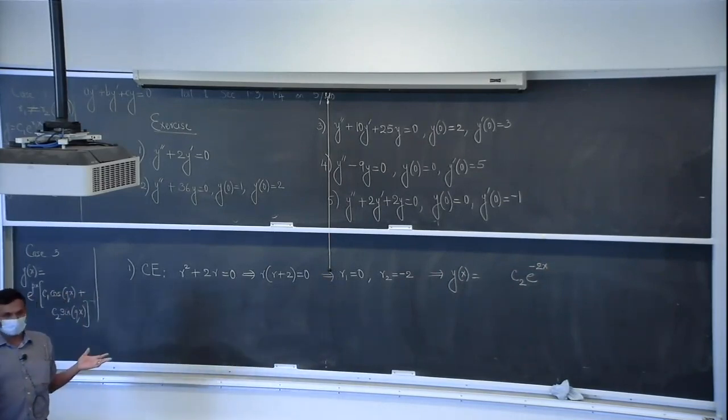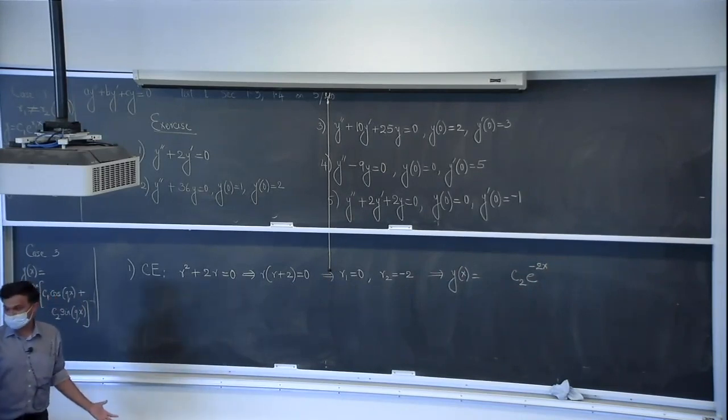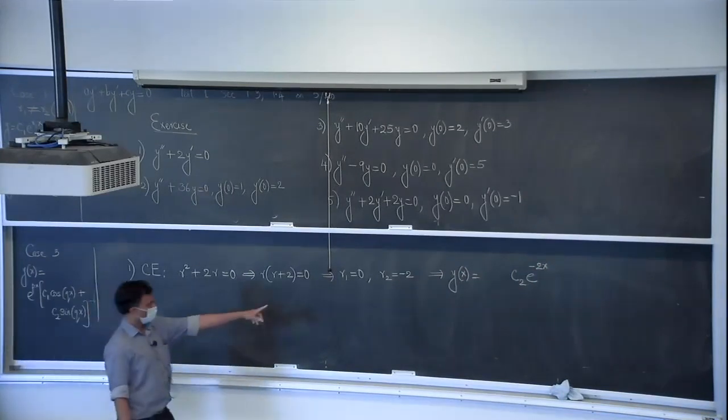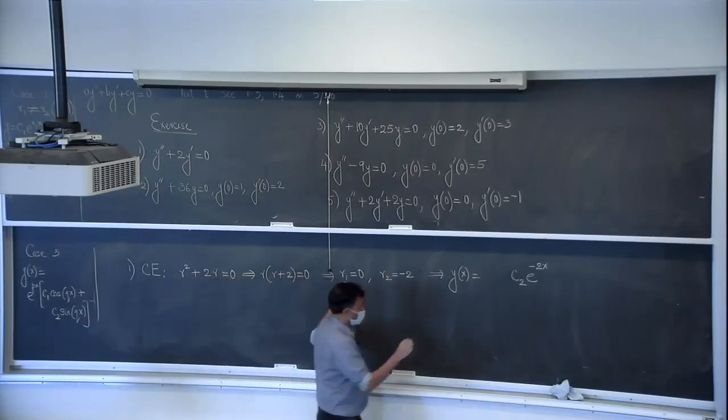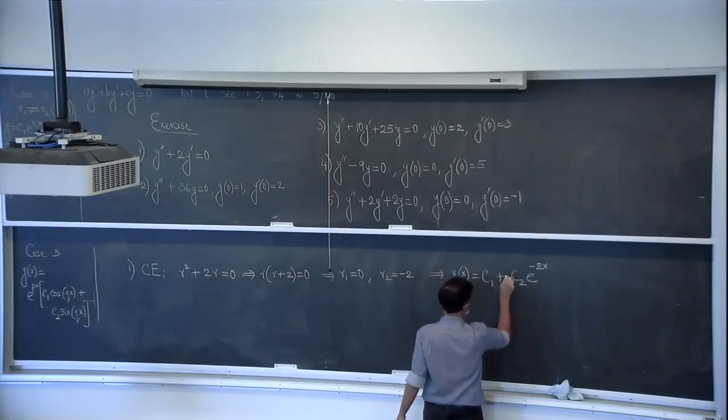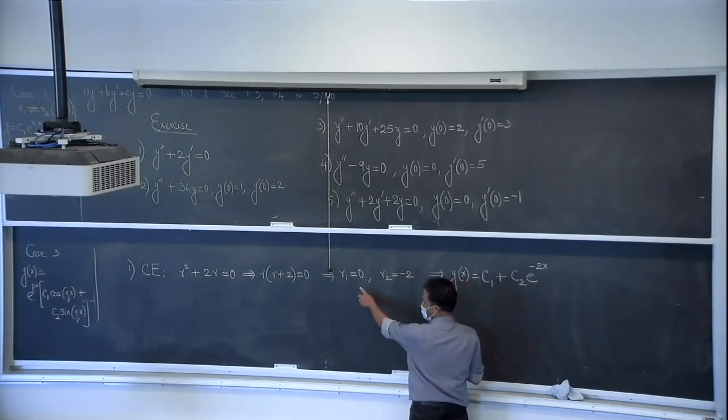It's possible that I'm wrong. For some reason, I only have 1 term in the solution. Is that right? This is a 0. Who cares? Plus C1, right? You should care because e to the 0 is not 0, it's 1.